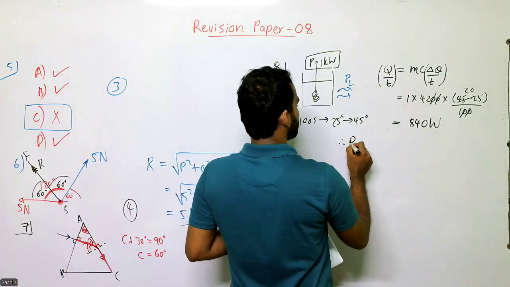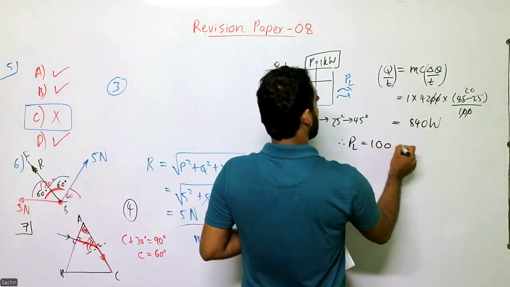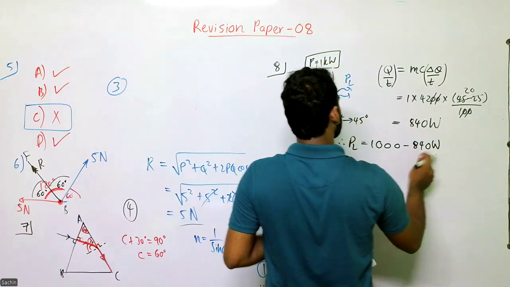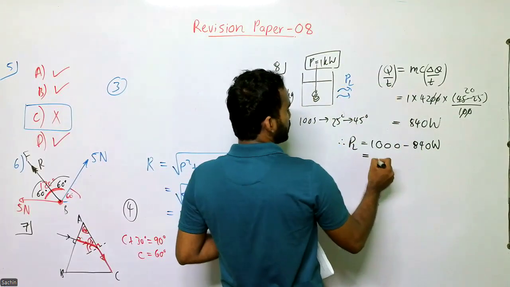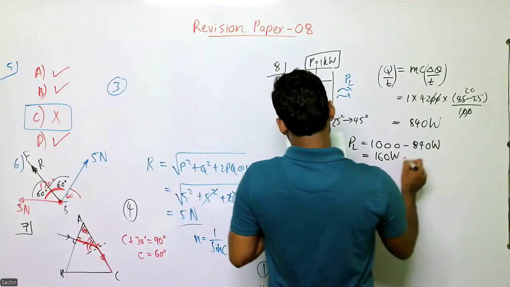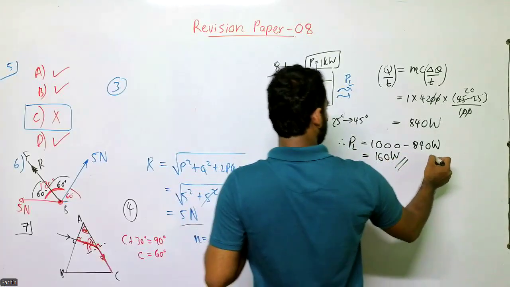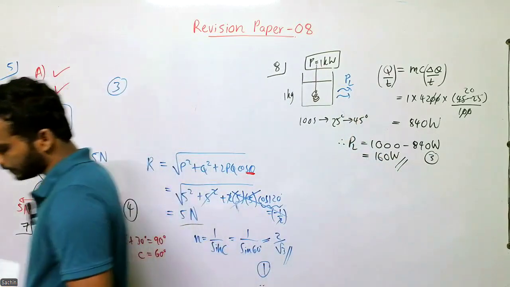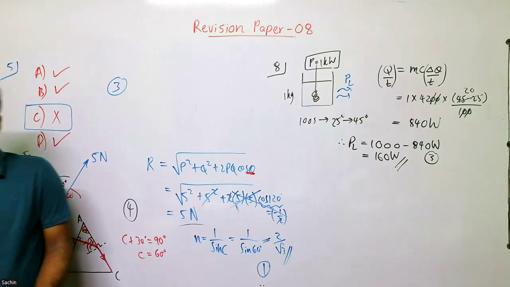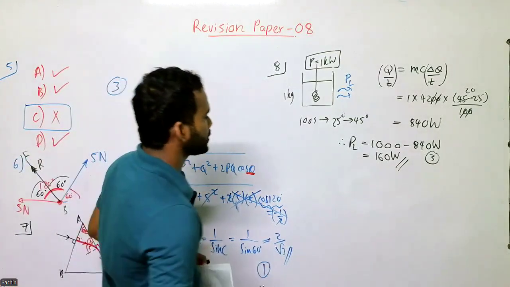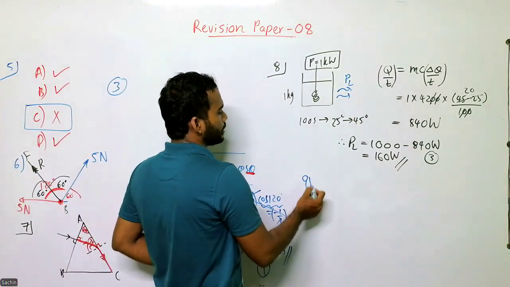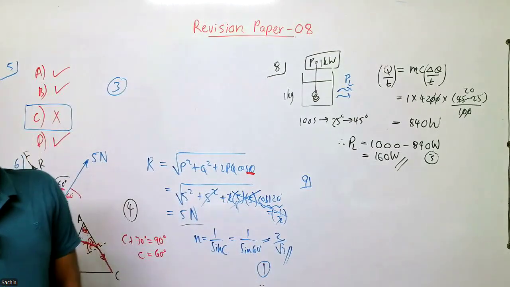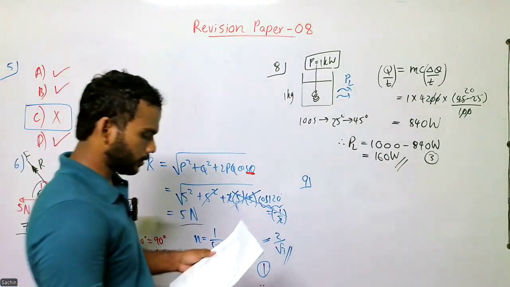So the loss should be 1000, that means 1 kilowatt, minus 840, that is 160 watt. This is perfectly given in the third answer. If you want to take some additional notes, meantime you can pause the video and take your own notes.